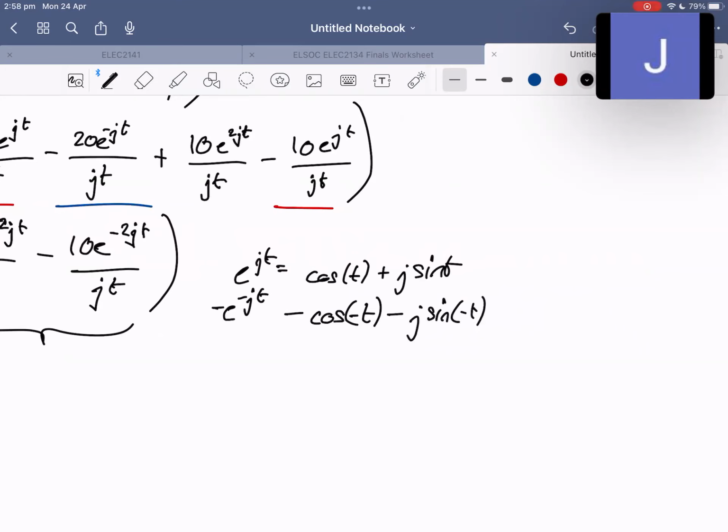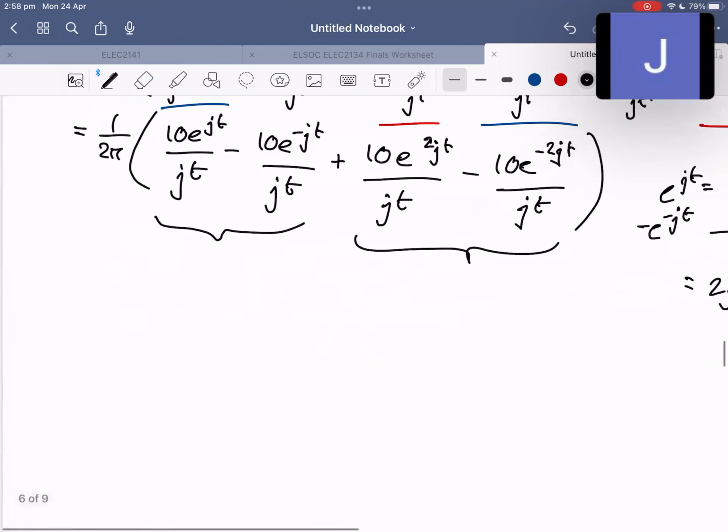And cos of minus t is just cos t, so these two terms disappear. And sine of minus t is just negative sine of t, so I'll fix that as well. All right, so you end up getting 2 times j times sine of t.